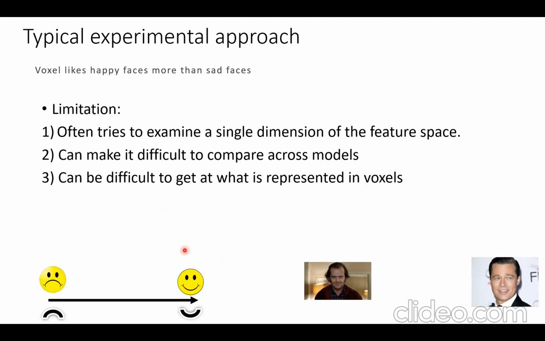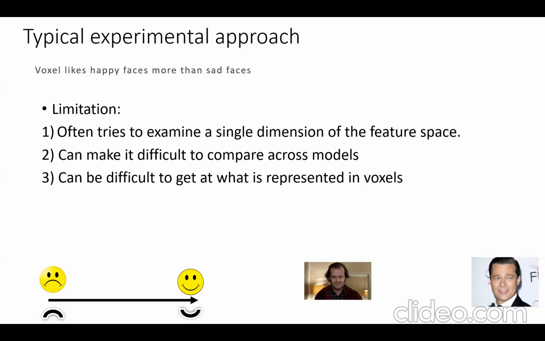So for example, always present the same happy face, always present the same sad face. And whenever we fit the GLM model, so a regression, we might find that this voxel responds more to the happy faces compared to the sad faces.